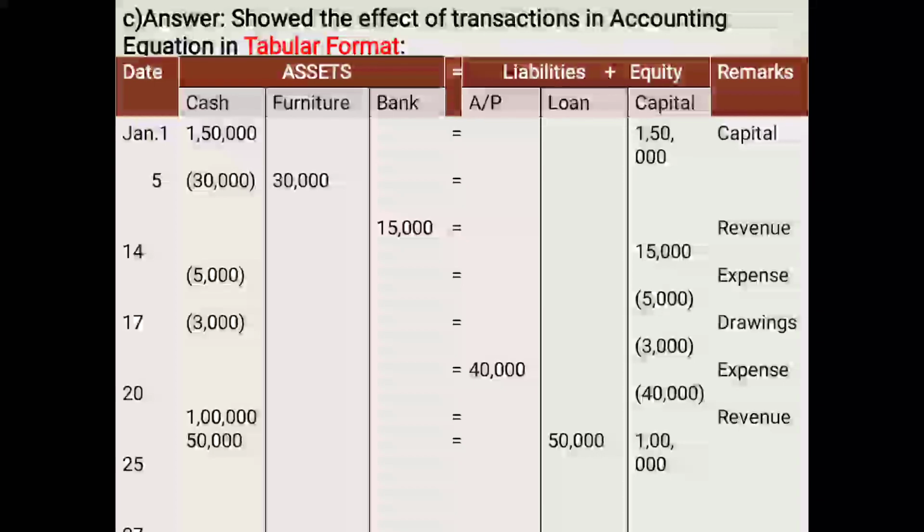So the remark is capital in this transaction. The second transaction is furniture purchase. For this transaction, furniture increased and cash decreased. So you can see in the slide, furniture column 30,000 plus figure, and cash column 30,000 minus figure.